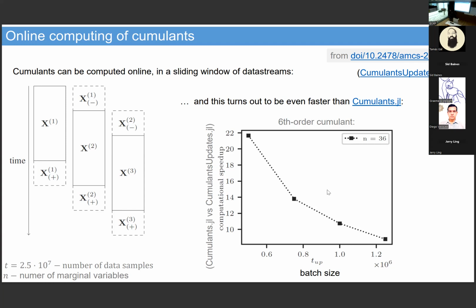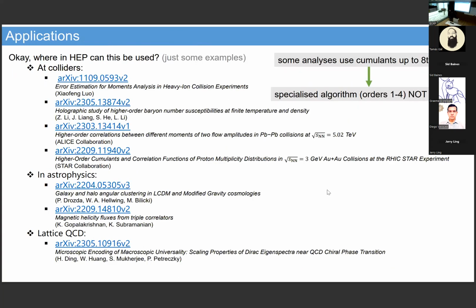So that's also useful. And you may wonder, okay, where do I use it? There actually were already a number of use cases. Not directly of this algorithm, but those are analyses which generally make use of higher order cumulants. At the LHC there are a few analyses, also astro things. It's also quite popular in lattice QCD.